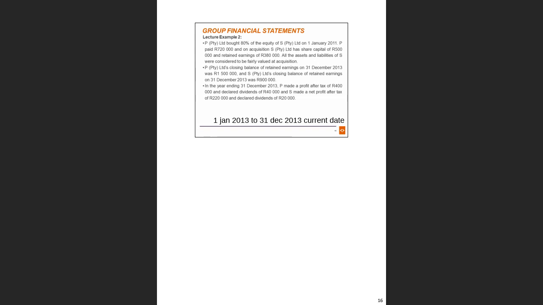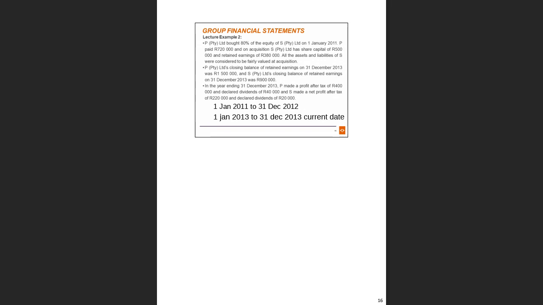So do you agree that the post-acquisition profit of 520,000 Rand includes 3 years? We now need to split that post-acquisition retained earnings of 520,000 Rand into the current year, 1st of January 2013 to 31 December 2013.